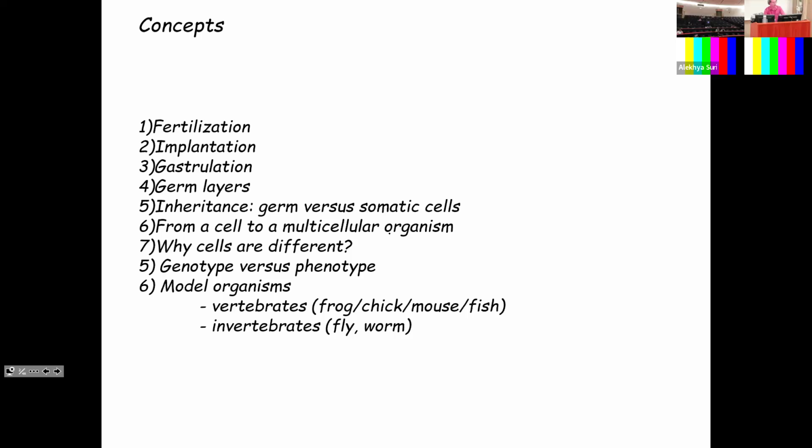How do we go from one single cell to a multicellular organism? Why are the cells different? The difference between genotype and phenotype, and finally, the model organisms.